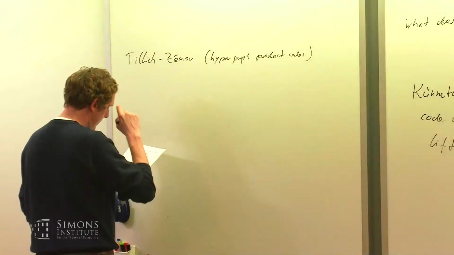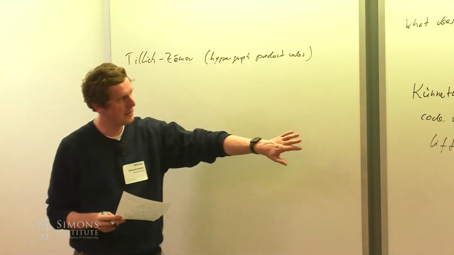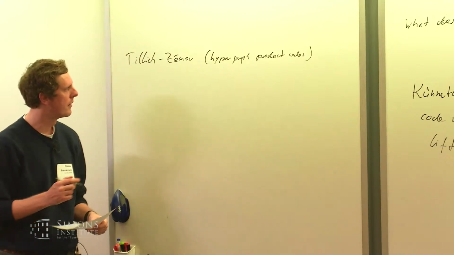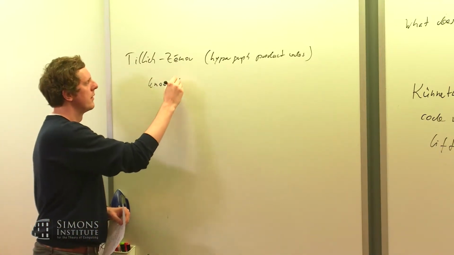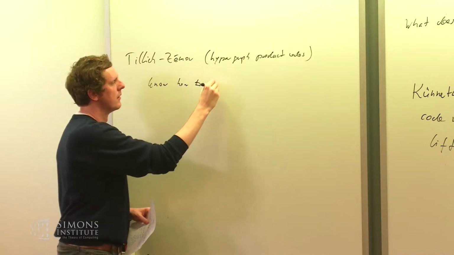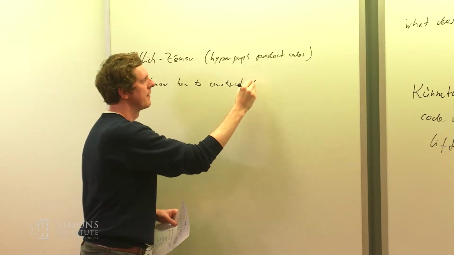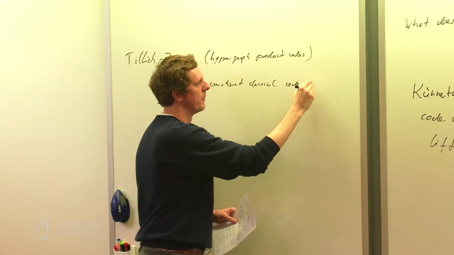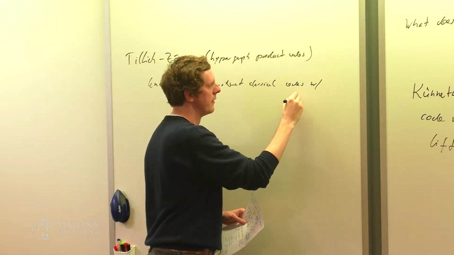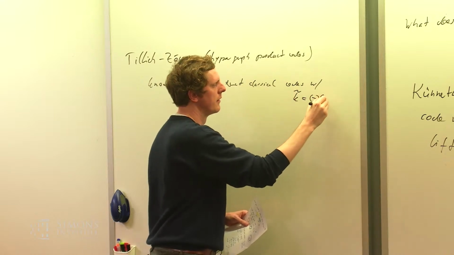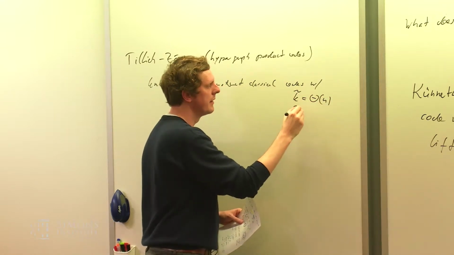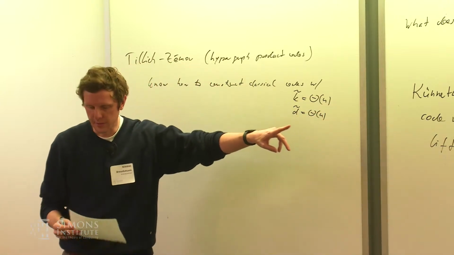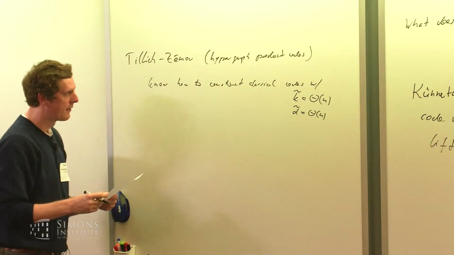So what they observed is, we already said we know how to construct classical codes with K linear in n and D linear in n. Now I plug this into this construction. Then what do I get?